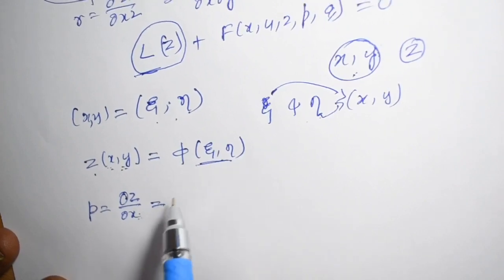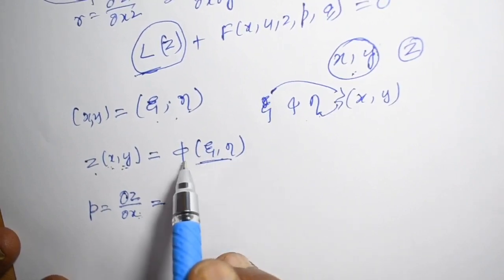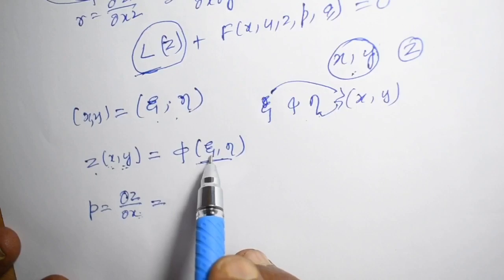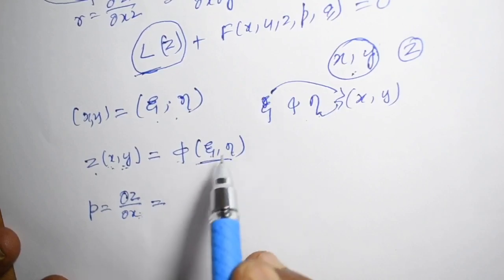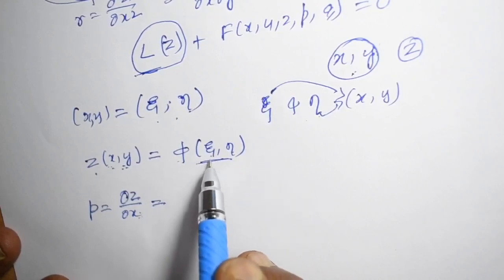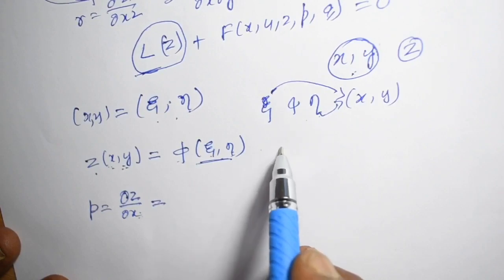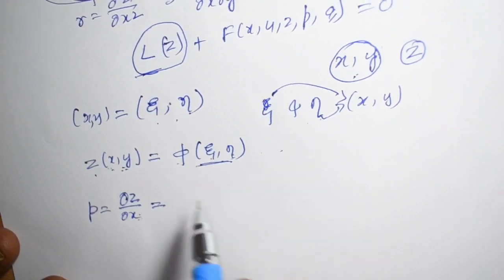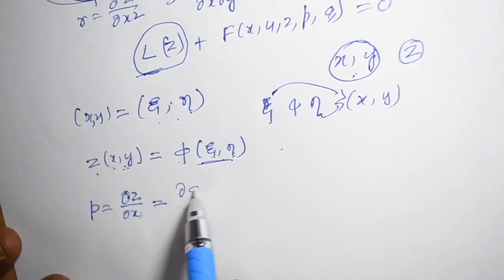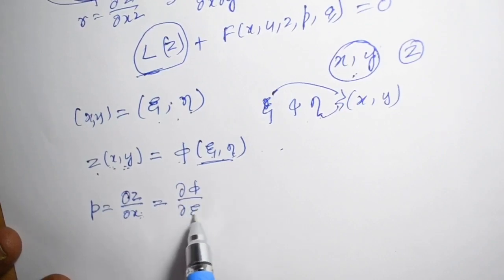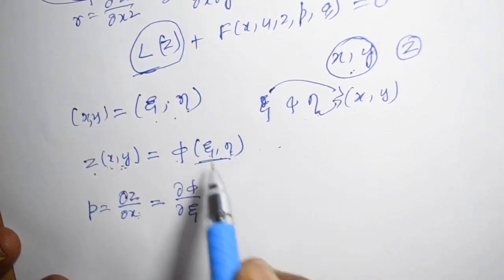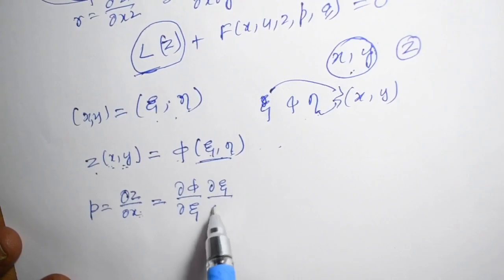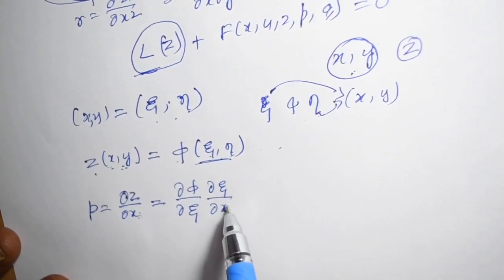Here phi is a function of xi and eta, but xi and eta are functions of x and y. You should remember those things. Now the derivative will become del phi by del xi, because phi is a function of xi, but xi is a function of x. That's why del xi by del x.